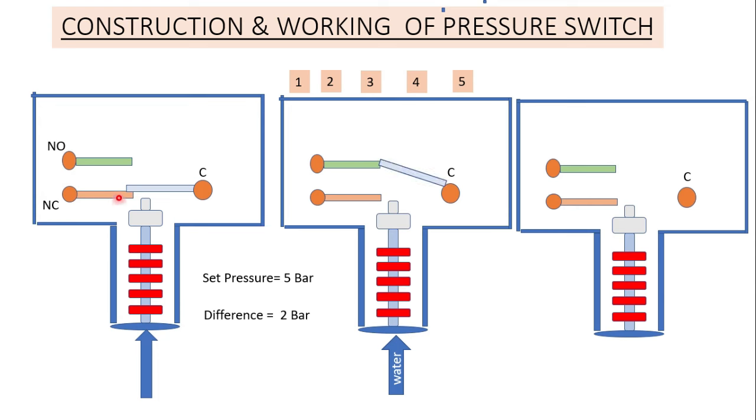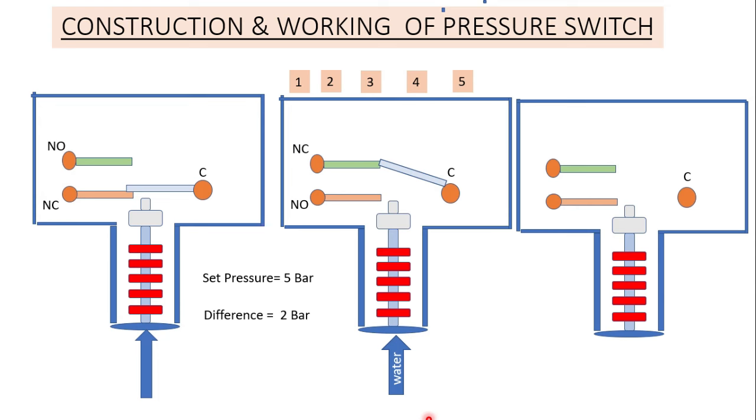This NC, as you can see, the NO now becomes NC with the common point, and the original NC now becomes NO. So as per our application, after 5 bar of pressure, its contacts change from NC to NO and NO to NC, as you can see over here.